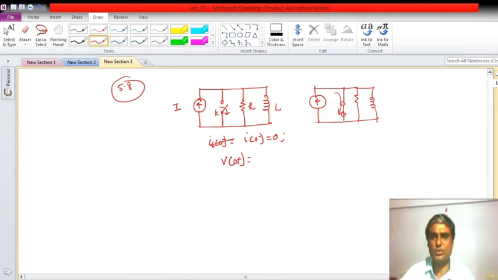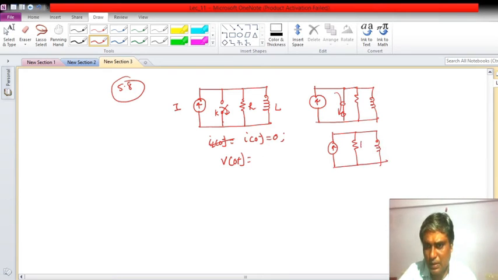After switching means what? Now the switch is thrown away, so its equivalent representation will be this is R and this is your L. This is now I into U of t. So what is V of 0 positive? Initially the inductor is relaxed, so it looks like open circuited.